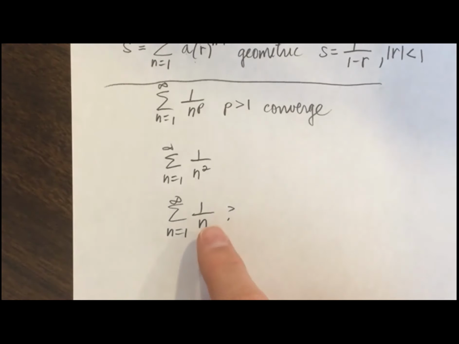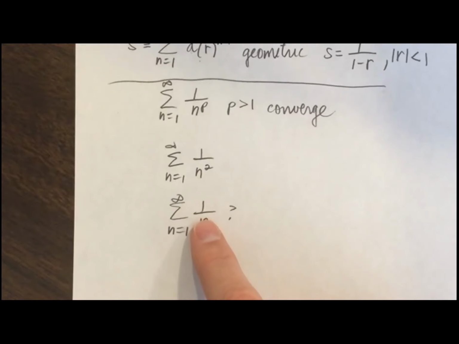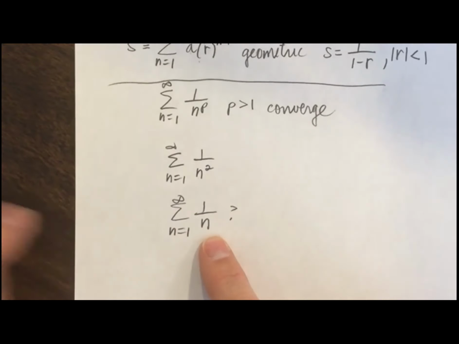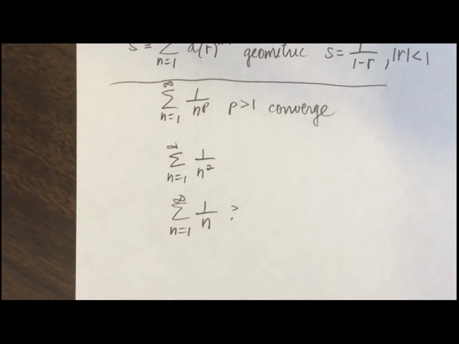On the other hand, even though these things are getting smaller, I'm adding them up faster than they're getting smaller. So I'm still adding up things that have some substance to them, which means my sum is getting bigger and bigger.